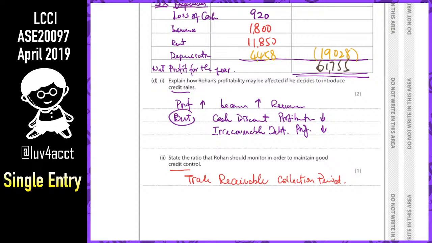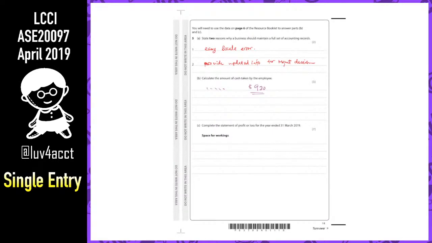Okay, how long on average they take to repay you the amount for the credit sales.